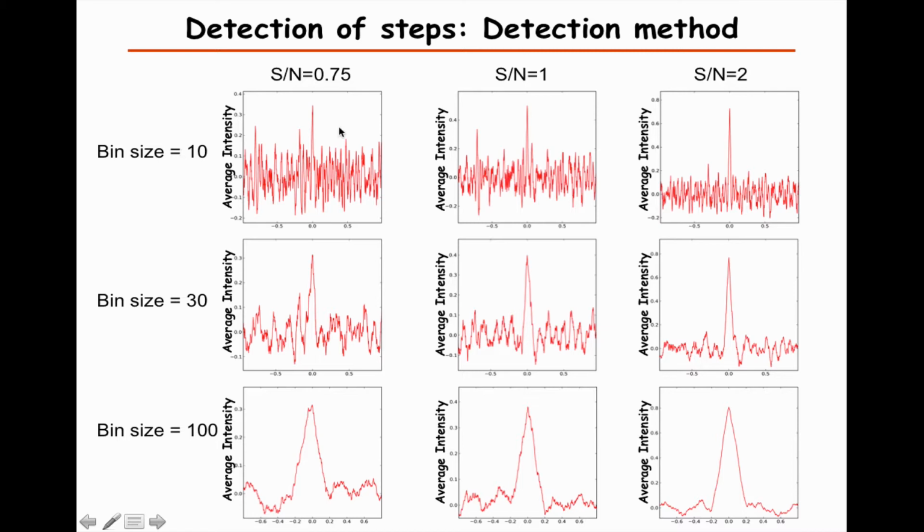What we see is that if we choose a very large bin size, we can often detect the step in the right place, but the uncertainty is large because we don't have a nicely defined peak. But when the signal-to-noise ratio is pretty high, we can use a smaller bin size, though not when the signal is barely above the noise. So that all makes sense.